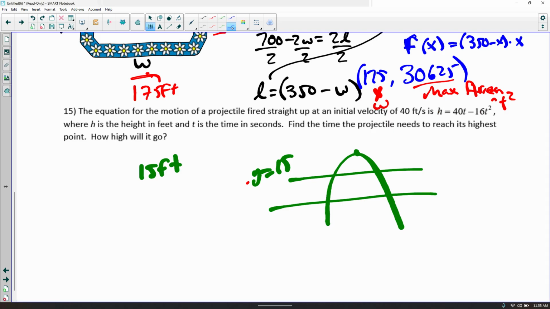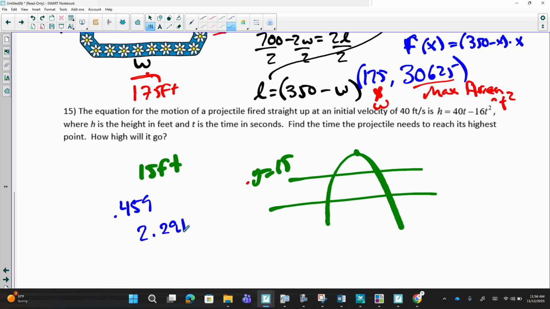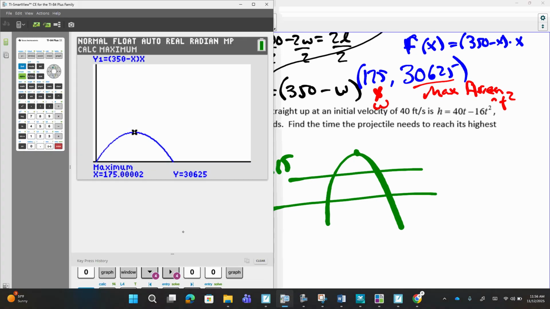One answer is 0.459, and the other one is 2.291. I know, but they did. I don't remember. We did this last period, so I don't remember the actual other number.